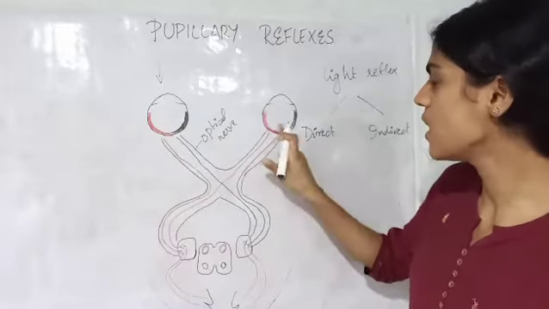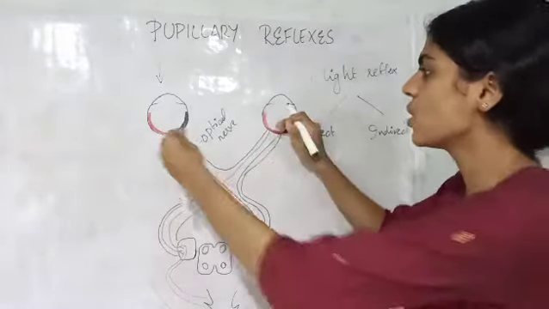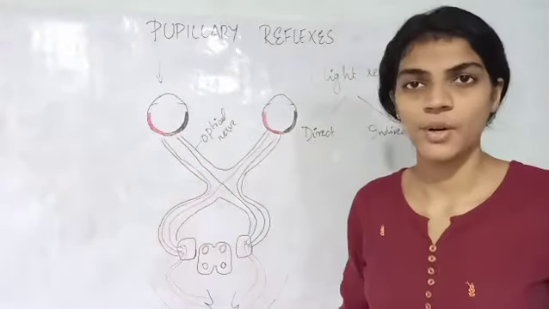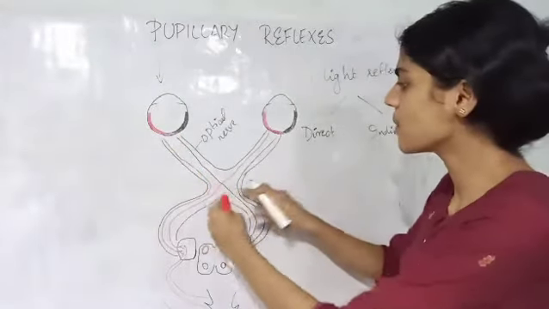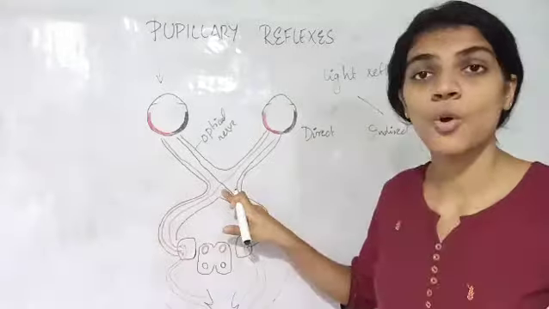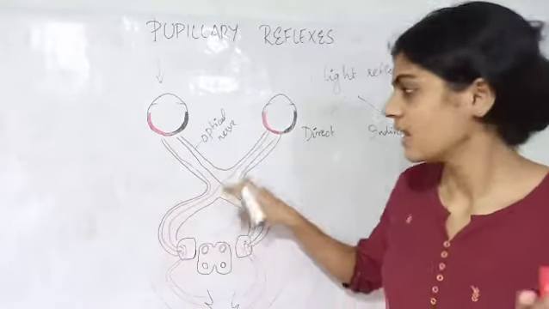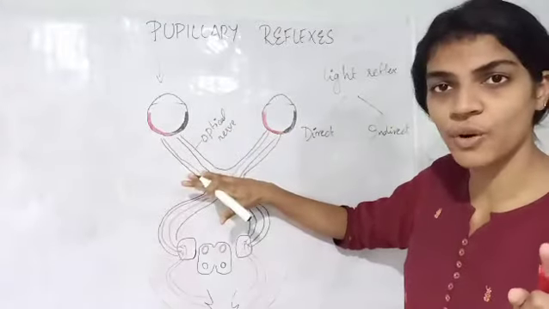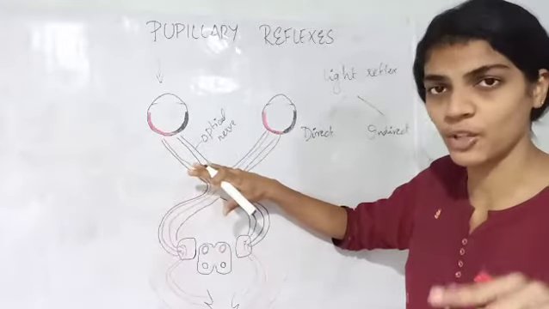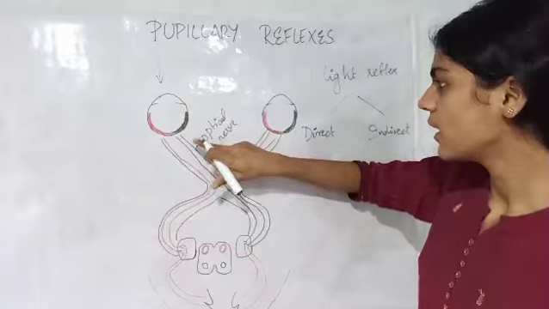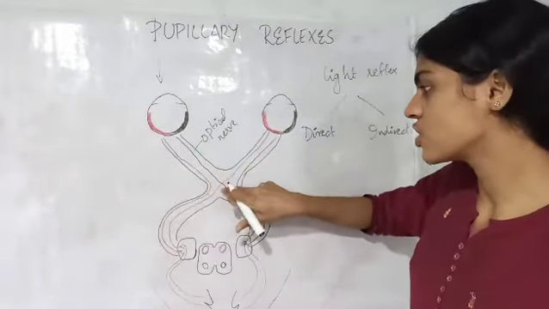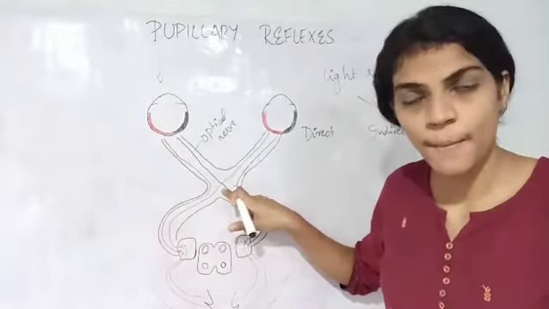Temporal and nasal fibers of both eyes go through the optic nerve, and it reaches a point known as the optic chiasma in the forebrain region. The same process is followed as we have seen in the visual pathway itself.